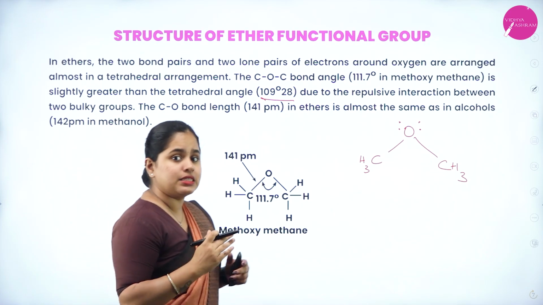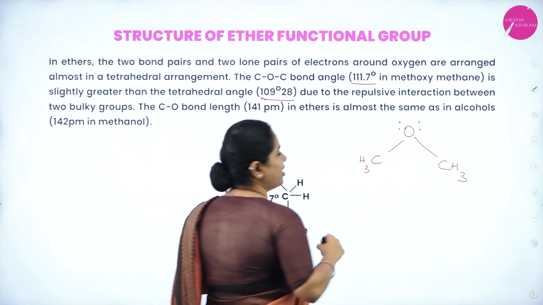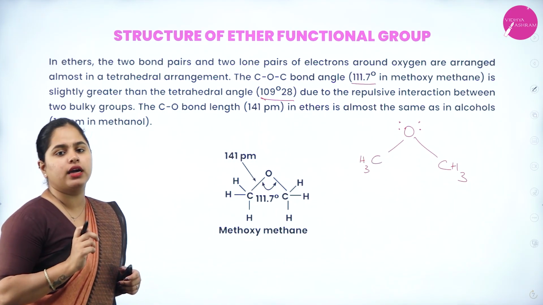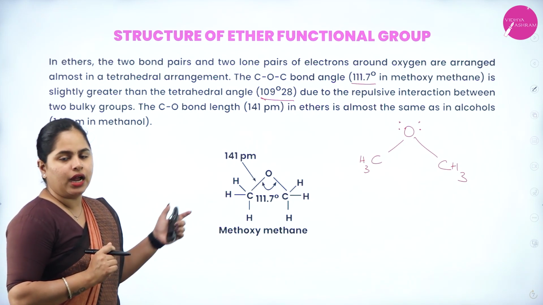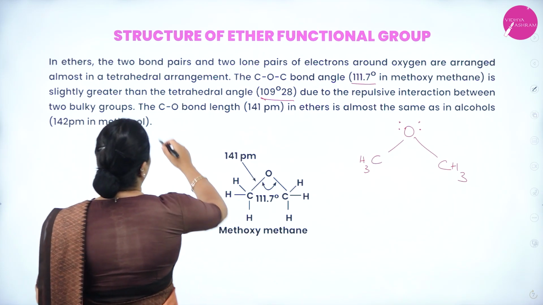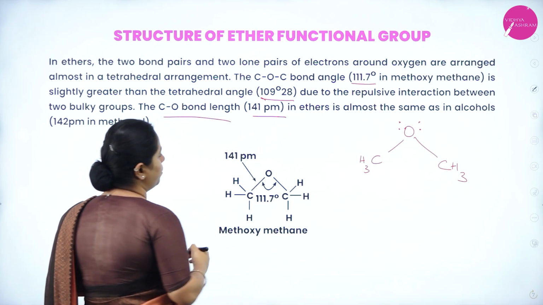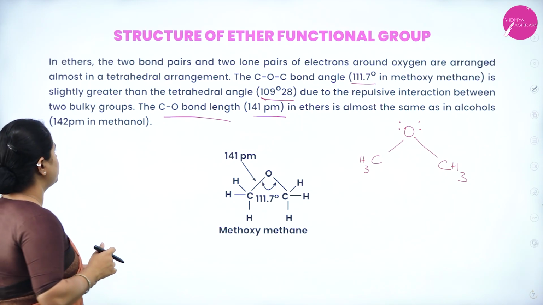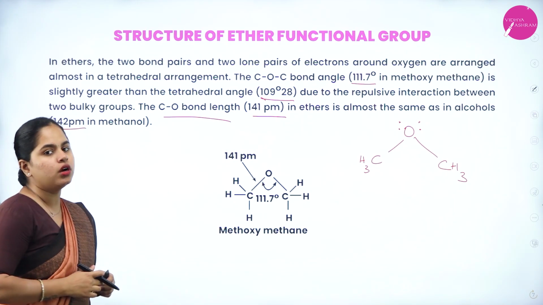What it is happening? It is increasing to 111.7 degree. Clear? This is the bond angle of ether. Okay, so that is important to remember. And as you can see, the carbon-oxygen bond length will be 141 picometer in ethers, which is almost similar to that in alcohol, which is 142 picometer.